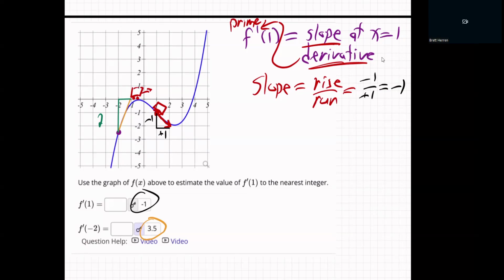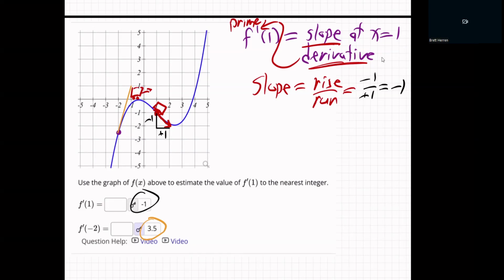Wait a minute. Is that really up 3.5? Let me just take it all back. So I guess this is a little bit tricky. So it looks like they're saying it's going all the way up to there. But that's better. I guess that is more accurately the slope. Okay, this is a little tricky.